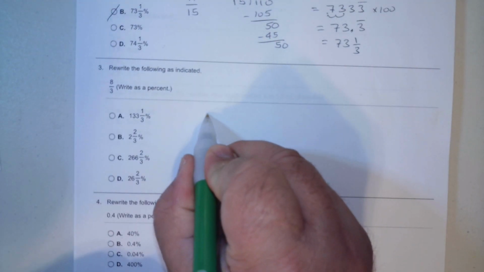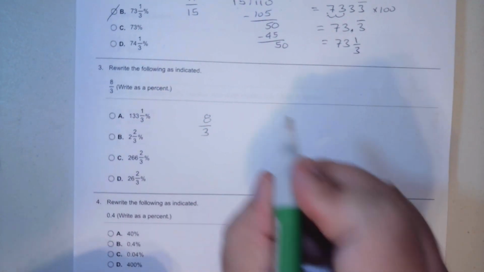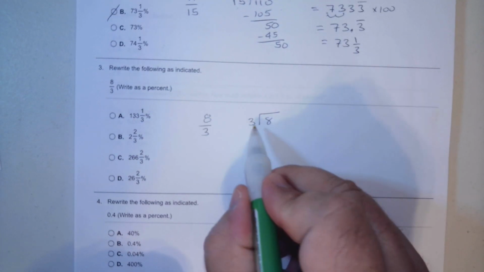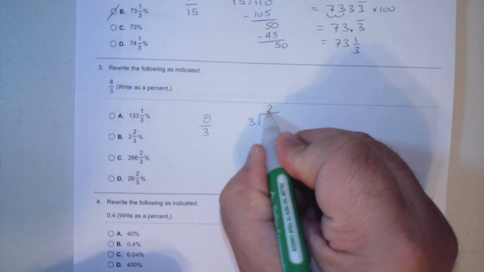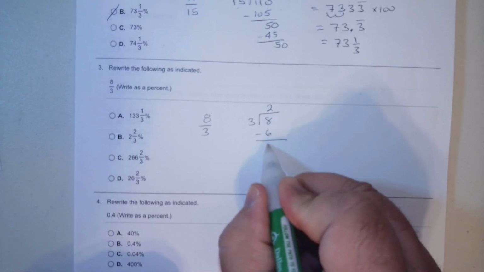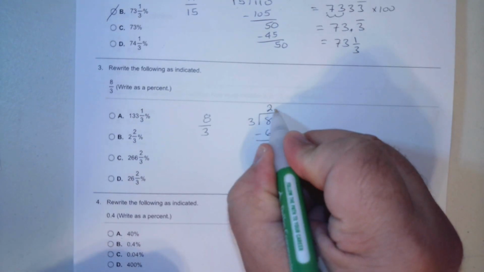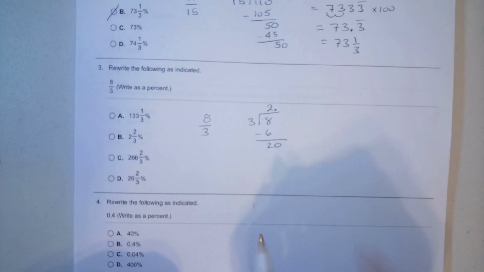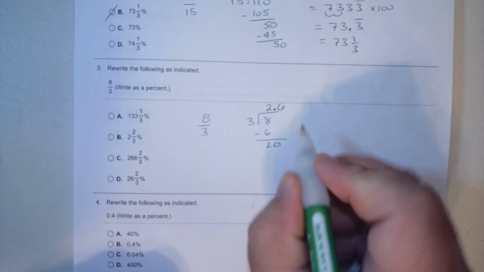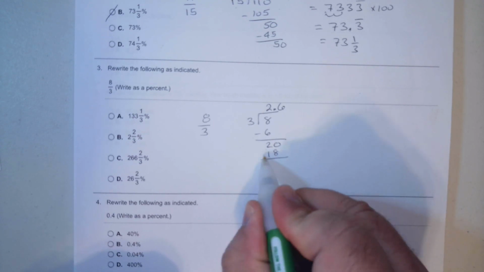Same thing with the next one. 8 divided by 3. 3 can't become 100, so we have to do long division. 3 goes into 8 twice. 2 times 3 is 6. Subtract, I get 2. 3 does not go into 2, so I put a decimal. That becomes a 20. 3 goes into 20 6 times. 6 times 3 is 18.